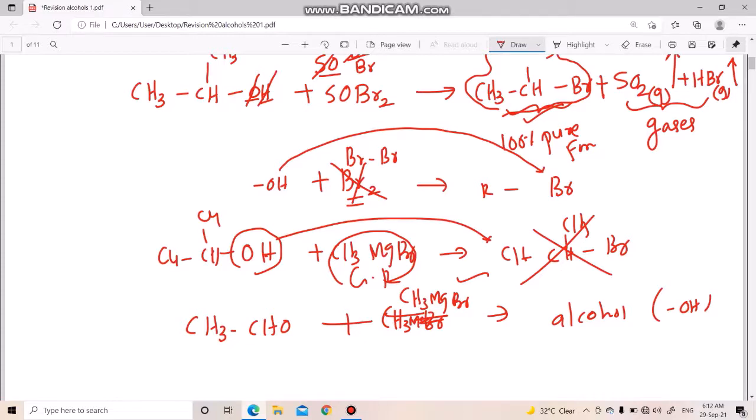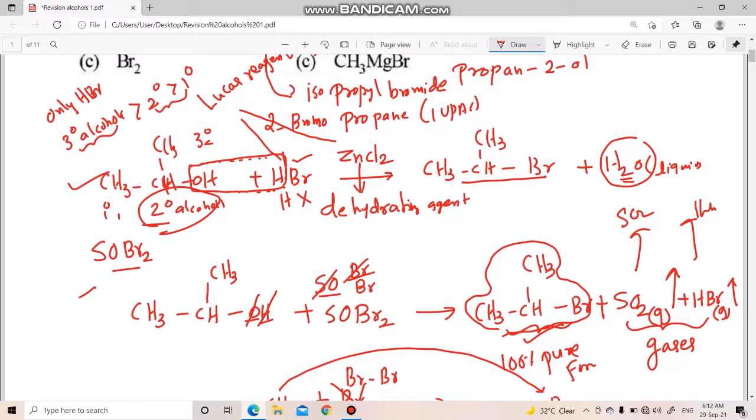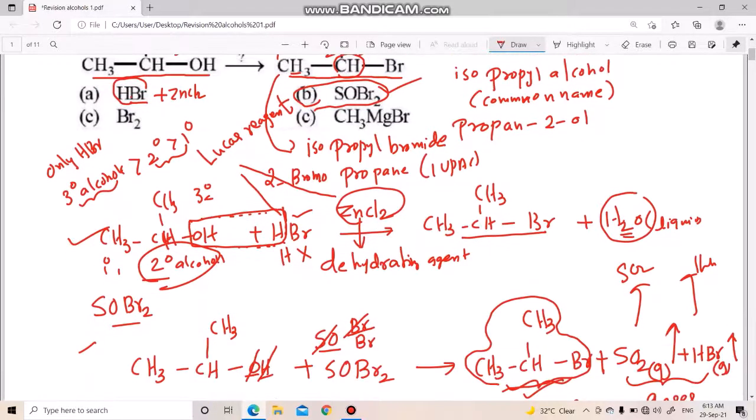So out of these four, only these two make the product. But in this case, secondary alcohol is less reactive compared to tertiary, so we need zinc chloride for getting the product. But in the option, zinc chloride is not mentioned. And second, with zinc chloride the products are water and alkyl halide.